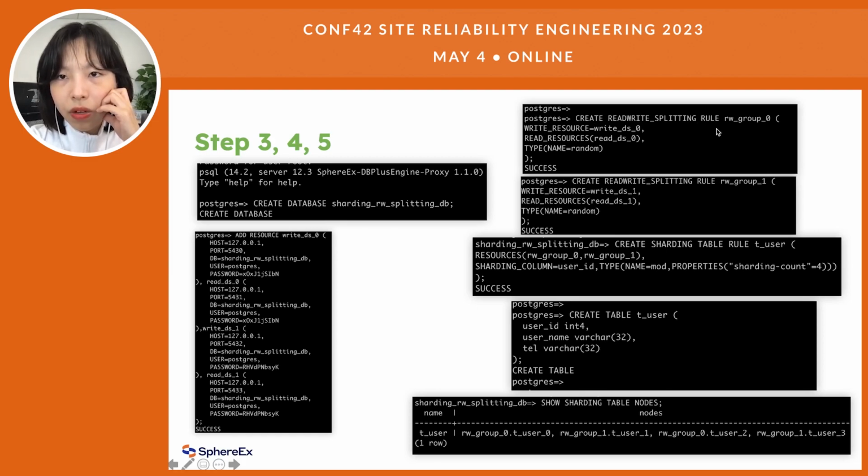See here, the read-write splitting function. We can just tell ShardingSphere, hey, this one is the write data source. This one is the read data source. And we want to use the random strategy to help our application do the read-write splitting function, right?